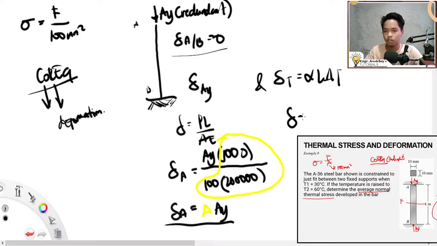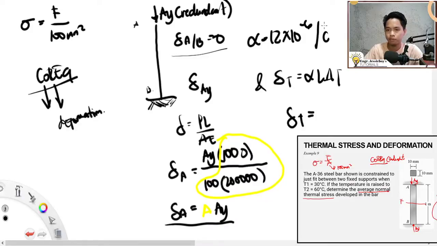Now, for your thermal deformation, alpha delta T L, what is the alpha of your thermal, A36 steel? So you just pause this video first and look for the alpha of your A36 steel. Alright, the alpha for A36 steel is 12 times 10 to the negative 6 per degree Celsius.